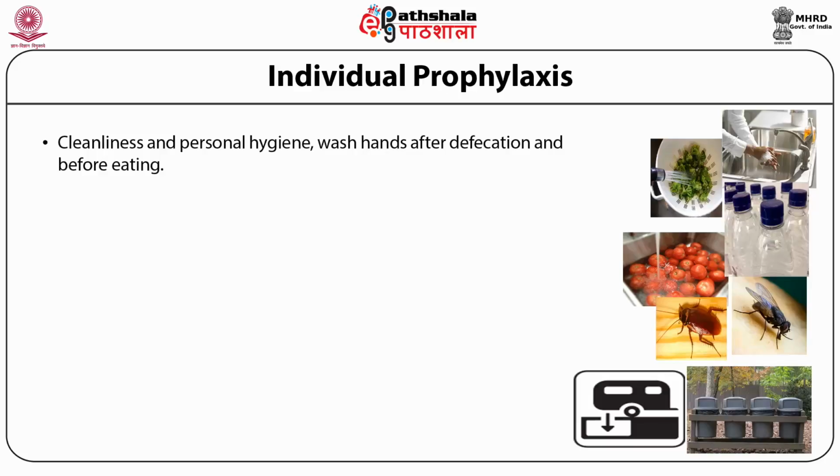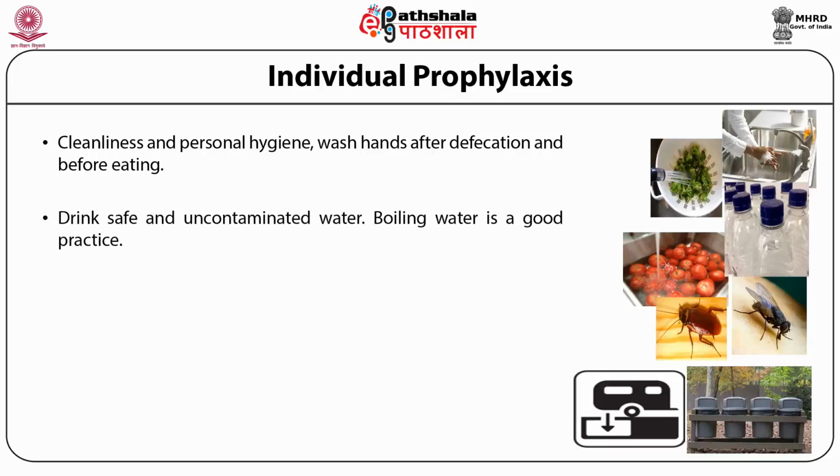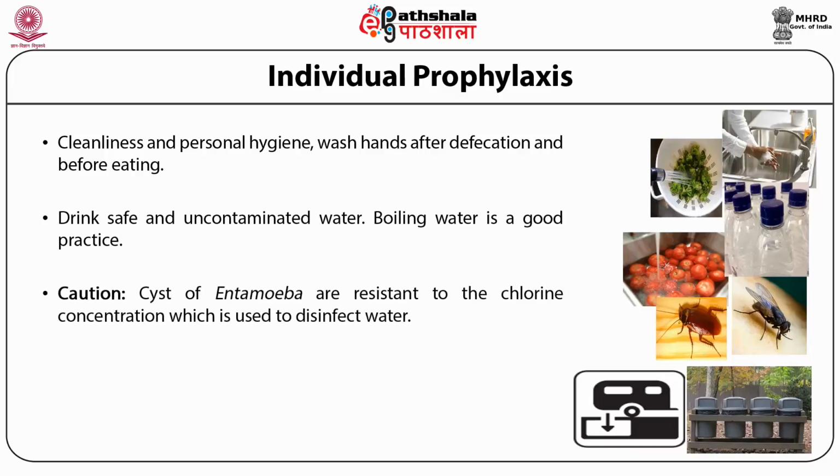Cleanliness and personal hygiene is very important to prevent such infections. Wash hands after defecation and before eating. Drink safe and uncontaminated water. Boiling water is a good practice, but there is a caution. Cysts of Entamoeba are resistant to the chlorine concentration which is used to disinfect water.